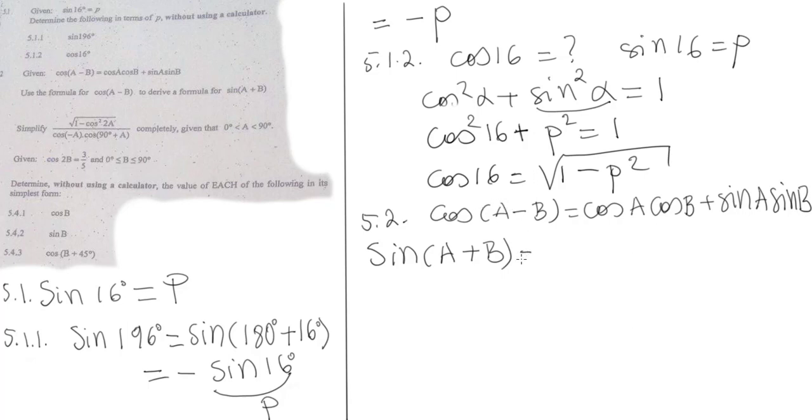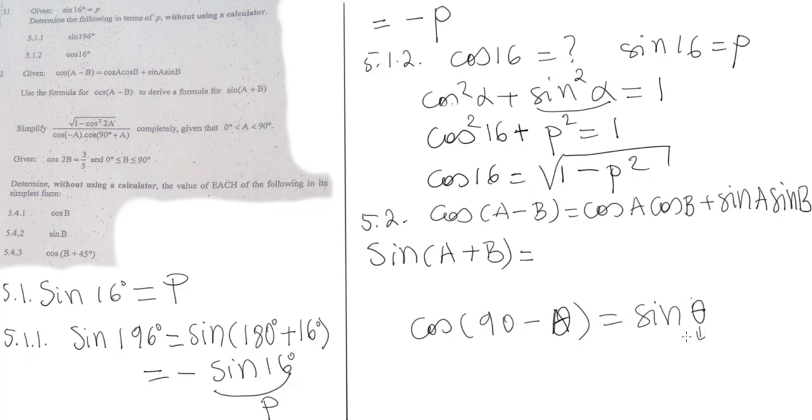Now we know that we can change cos to sine, meaning that cos of 90 degrees minus theta will give you sine theta. Okay, so let's consider our theta.